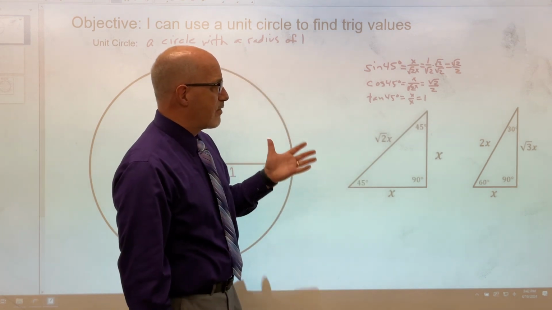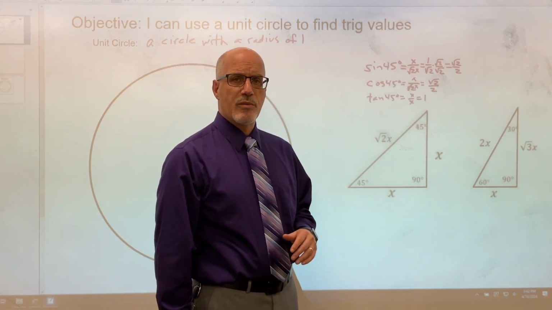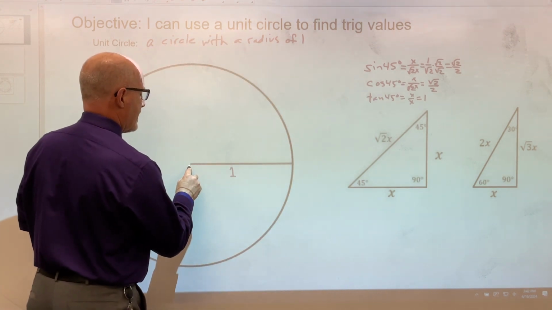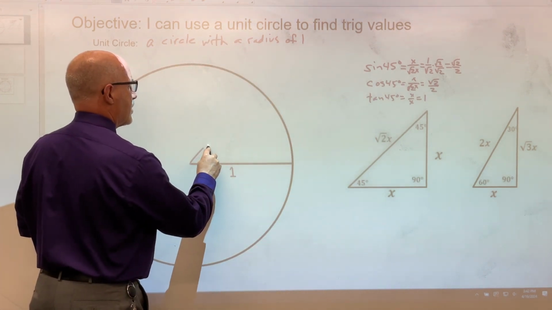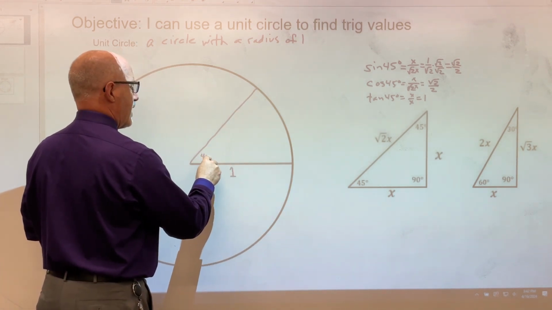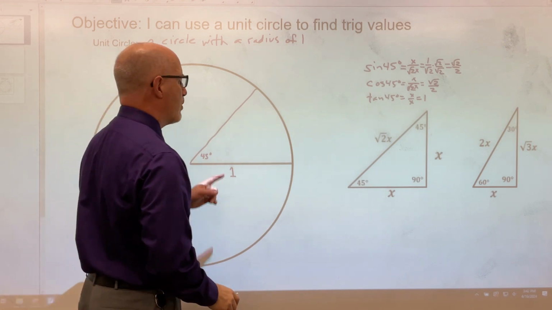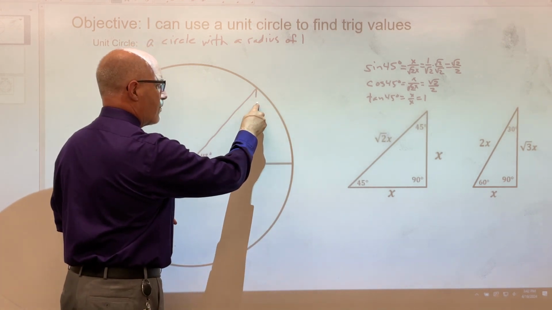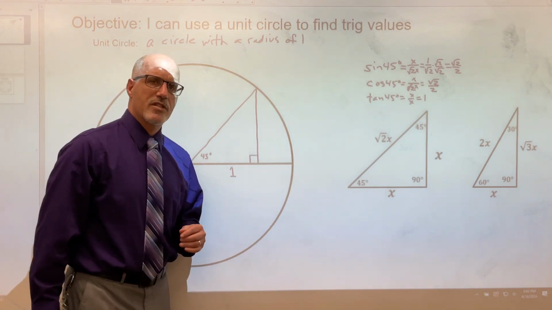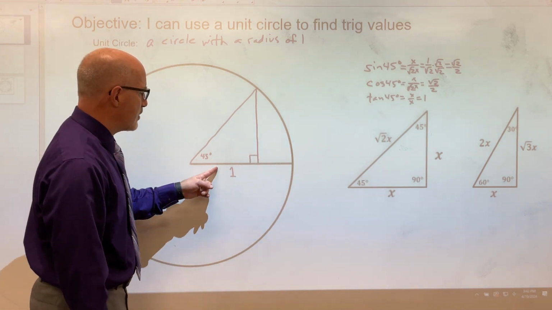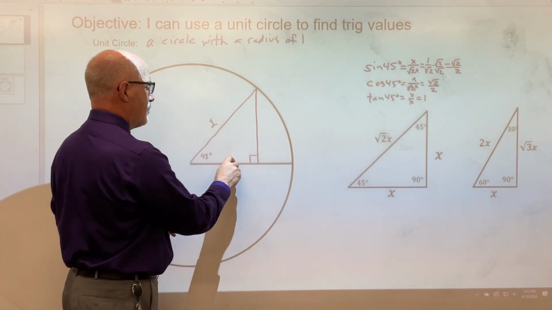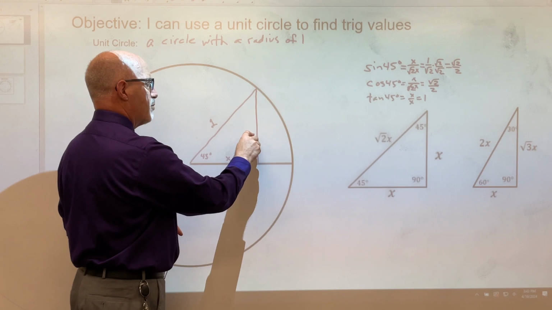Now we're going to use that information in our triangle when we do 45-degree angles. If we were to draw this angle in standard position up here, so this is a 45-degree angle, and we form the triangle by dropping the side down to that radius, this value would be 1, this value would be our x value, and this value would be our y.